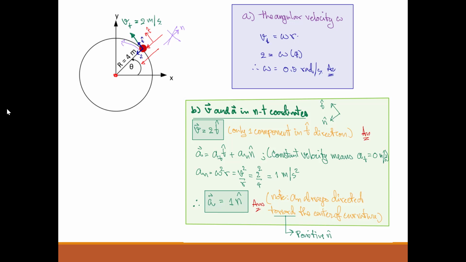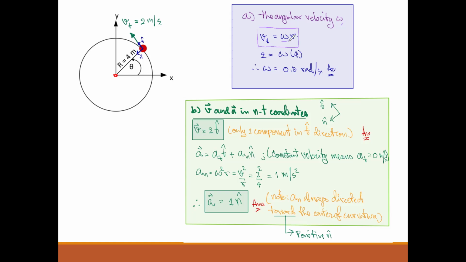According to this, we can determine the angular velocity. We also have the relationship of velocity and angular velocity that you already know from fundamental physics.